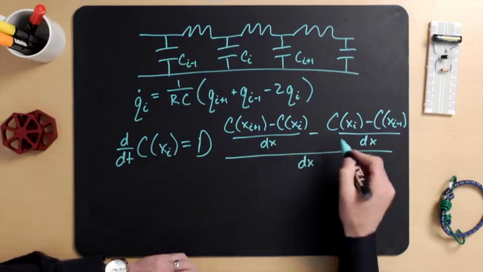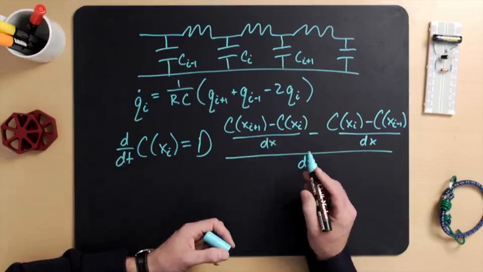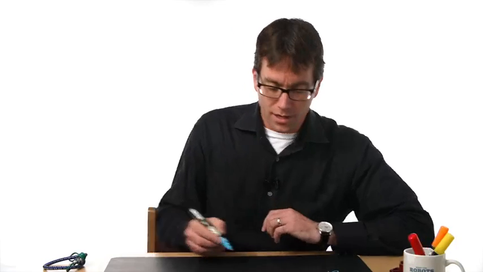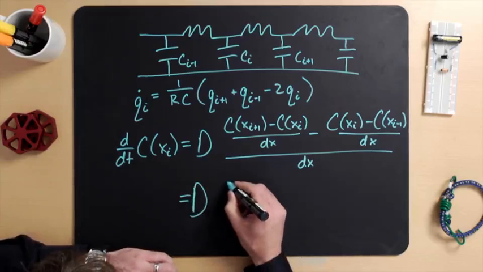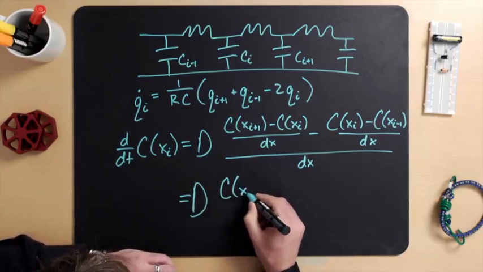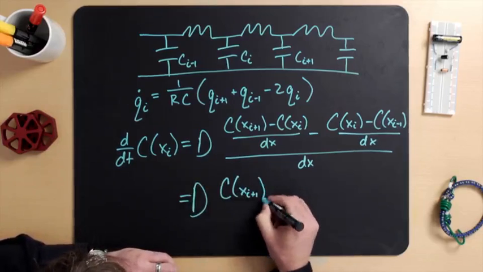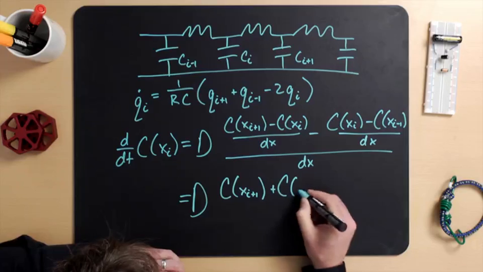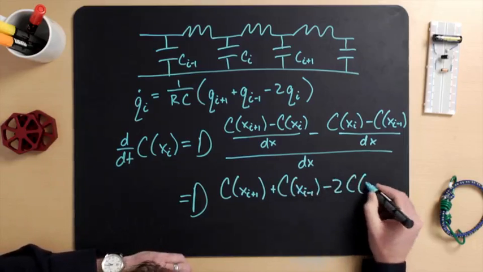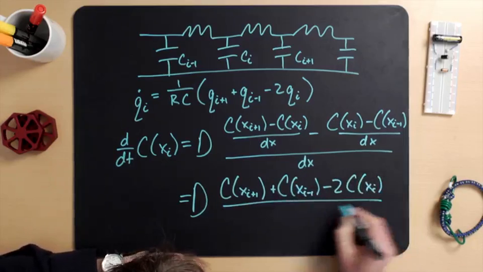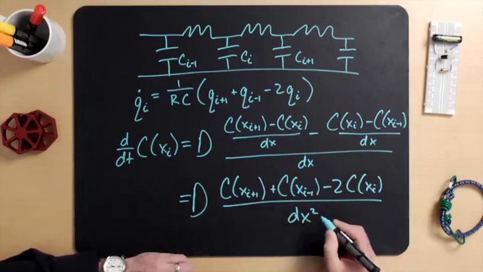This is the approximation of the second derivative of c with respect to x. Now that is equal to D times c of xi plus 1 plus c of xi minus 1 minus 2 times c of xi, all divided by dx squared.